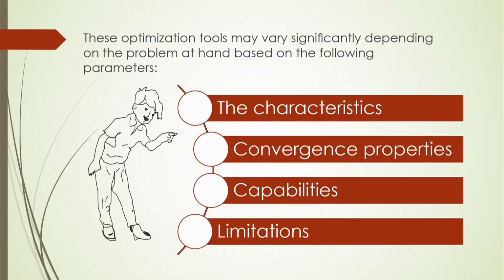What are the parameters that affect the optimization tools? The characteristic features, the convergence properties, capabilities and limitations. These are the four parameters that affect the optimization tools significantly.